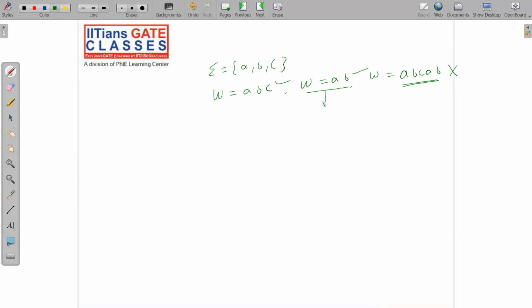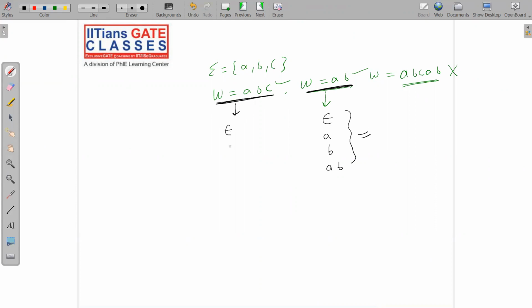If w is AB, then how many substrings will be present for this string? Take lengthwise. Substring of length 0 will be null, of length 1 will be A and B, of length 2 will be AB. So these are a total of 4 substrings of this string w. Let us take w as ABC.